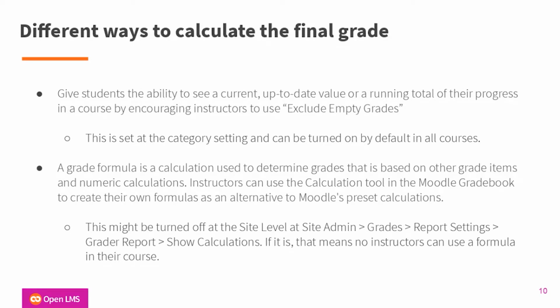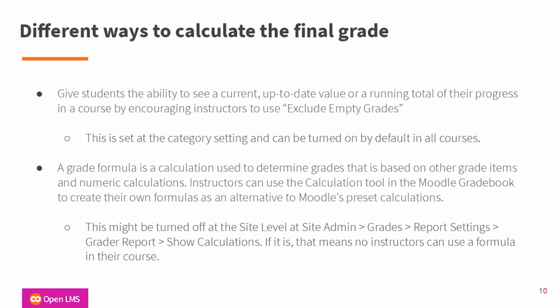But exclude empty grades, again, that's where, for example, if you have 10 quizzes, and a student has taken quiz number 1 and received 100%, if exclude empty grades is unchecked in that category, it's going to show that they have an F, because it is taking into account those empty grades because it's not excluding them.